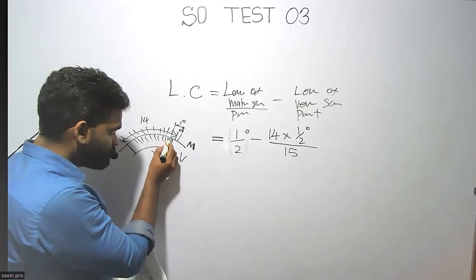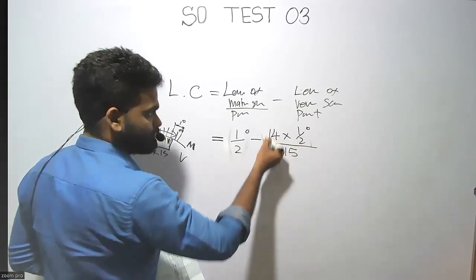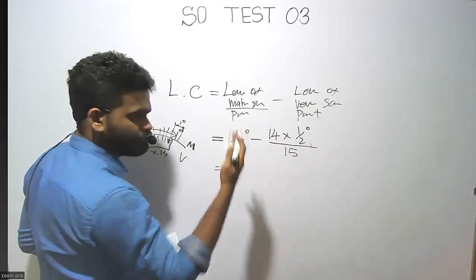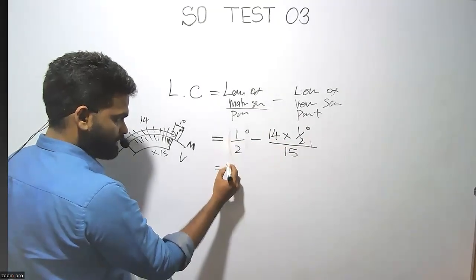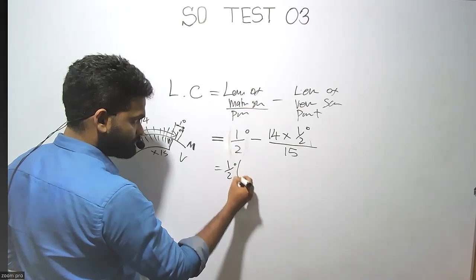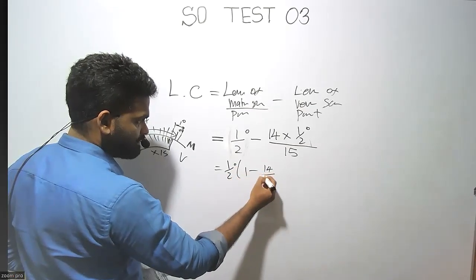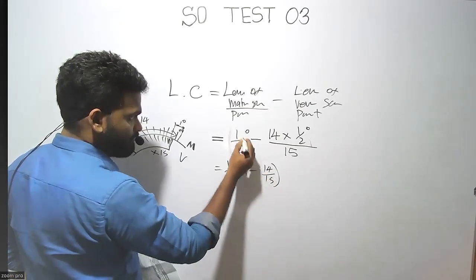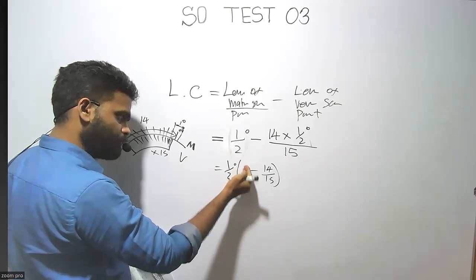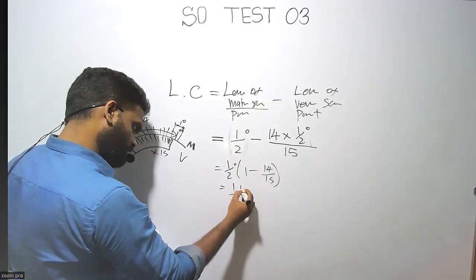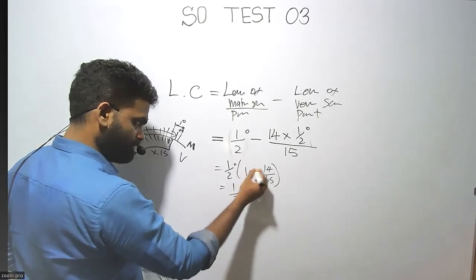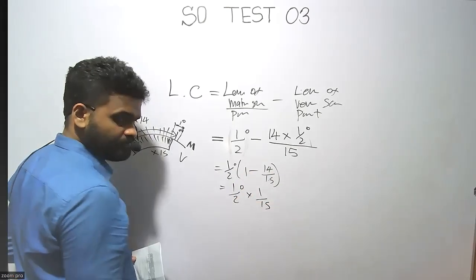So one part of the vernier scale is this much. Then just do a simplification. I'm taking this half out, right? Then inside it is 1 minus 14 over 15, so 15 minus 14 gives 1 over 15.